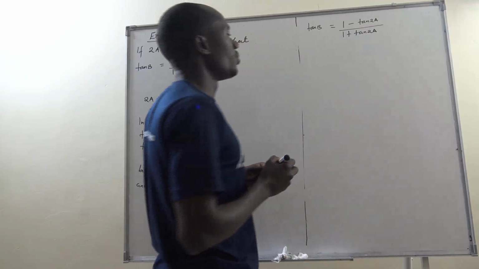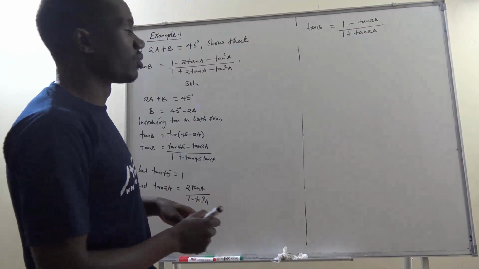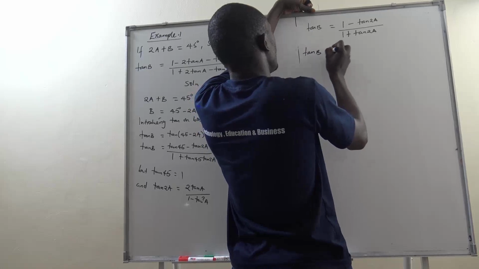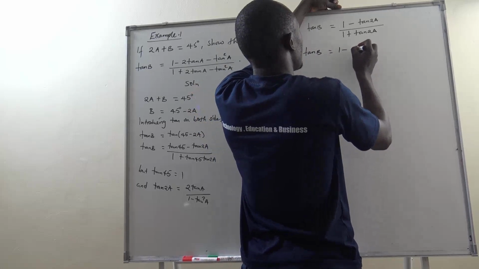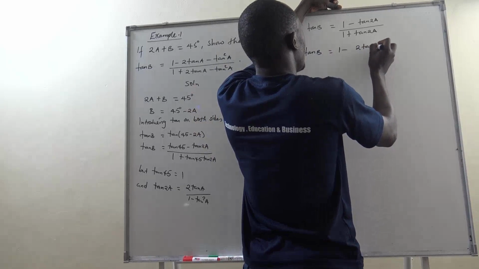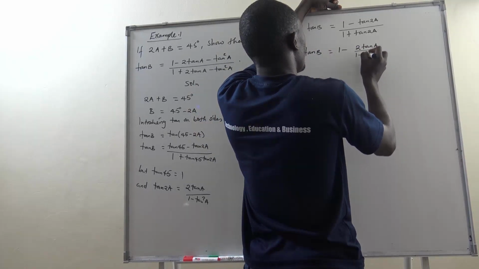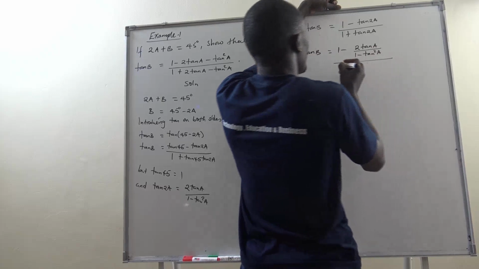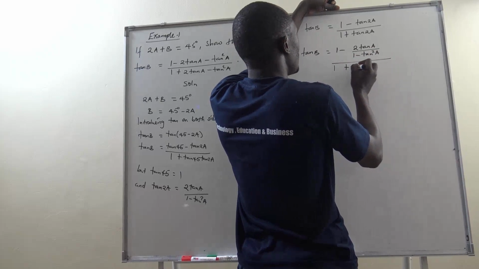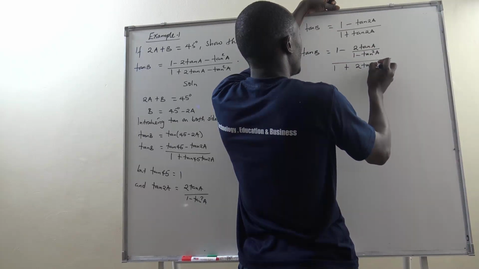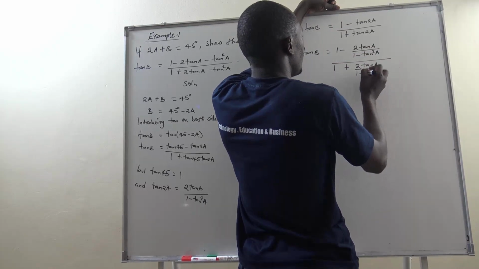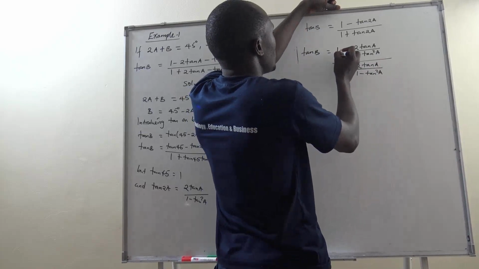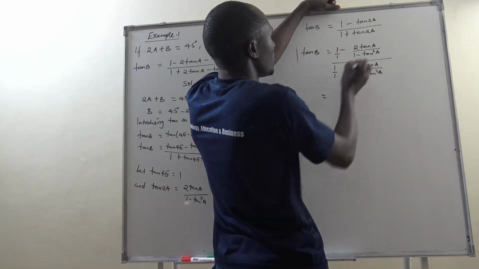But do we know tan 2A? Tan 2A is already 2 tan A over 1 minus tan squared A. We go: tan B equals (1 minus 2 tan A out of 1 minus tan squared A) all over (1 plus 2 tan A out of 1 minus tan squared A). So this is like out of 1. We find the LCM.